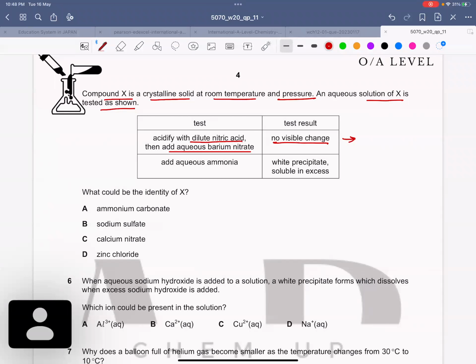Sir, would it be zinc chloride? Why? Because of the steps of the cations which we learned. How could you justify that it's zinc chloride or zinc? It's not a zinc nitrate or zinc calcium nitrate.